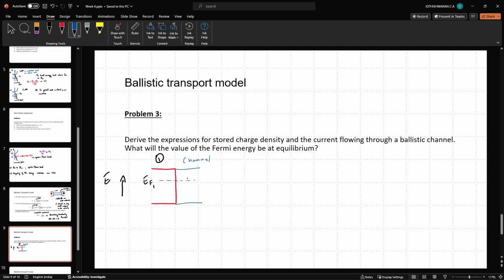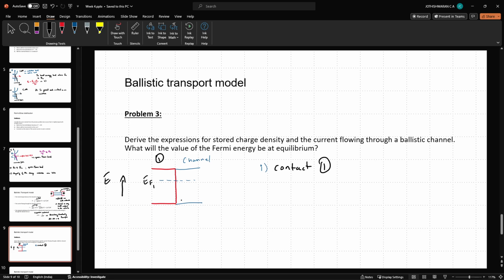So first we will be able to say that point number 1 is contact 1, and therefore at equilibrium it will try to fill up the electrons up to the Fermi level of contact 1. You will notice that I have not defined the Fermi level for the channel.